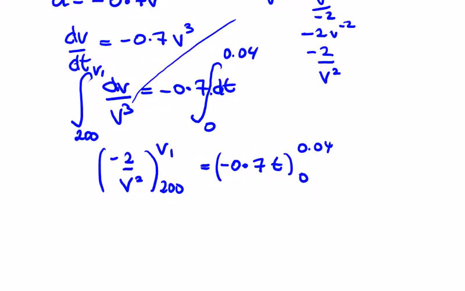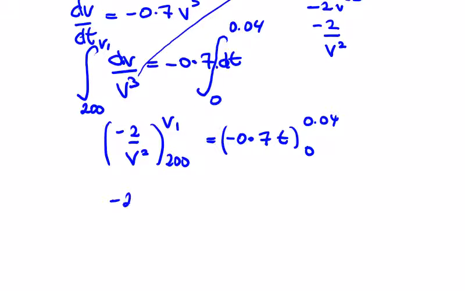So putting v1 in and then 200 in, we're going to get minus 2 over v1 squared, minus 2 over 200 squared, is equal to minus, put 0.04 in, 0.28. To 3 decimals, so 0.28.